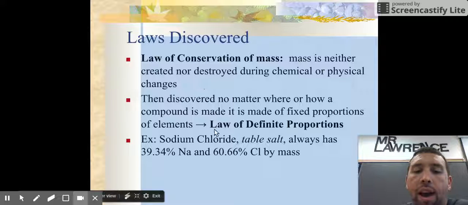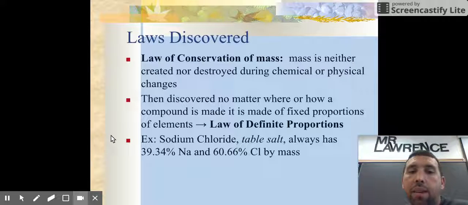One of the other laws that gets us to where we're at in our understanding is the law of definite proportions. All that means is that when we study different compounds around the world, if we study the same compound, it has the same chemical makeup no matter where it comes from. So take, for example, salt.